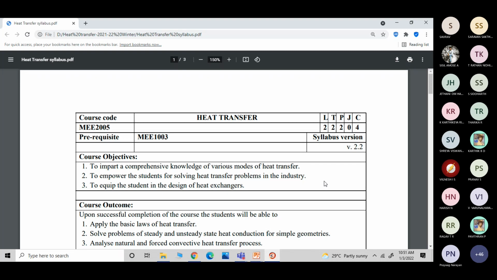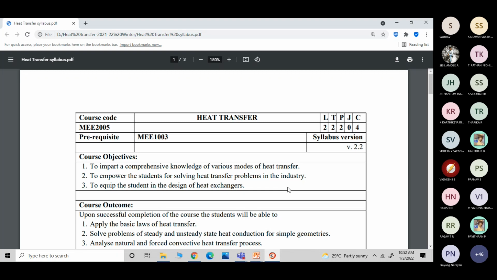Similarly, we aim to equip the student in the design of heat exchangers. Wherever you go, whether it is a thermal power plant, a nuclear power plant, a gas turbine power plant or a diesel power plant, the role of heat exchangers is very important. India is a very large country that depends heavily on power production, and electricity is produced majorly from steam power plants.